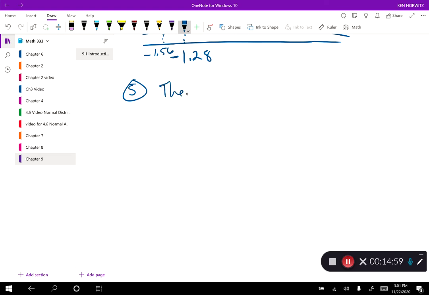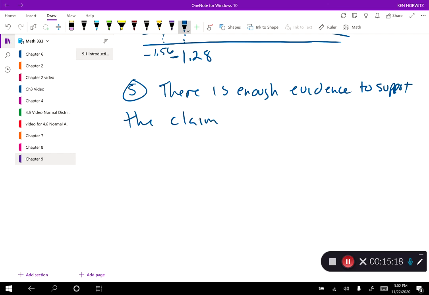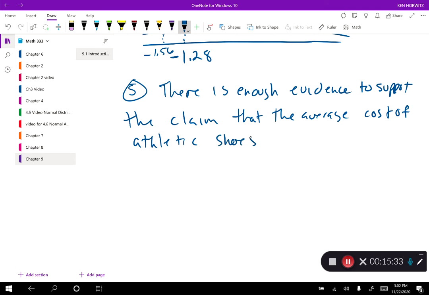There is enough evidence to support the claim that the average cost of athletic shoes is less than $80.